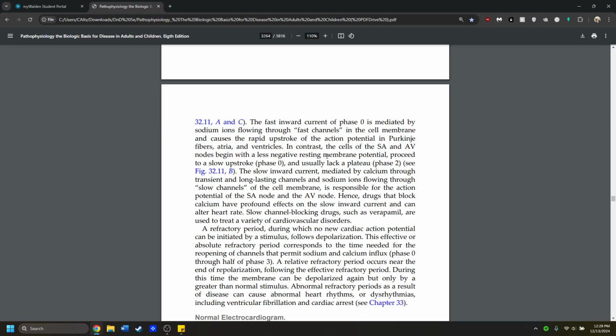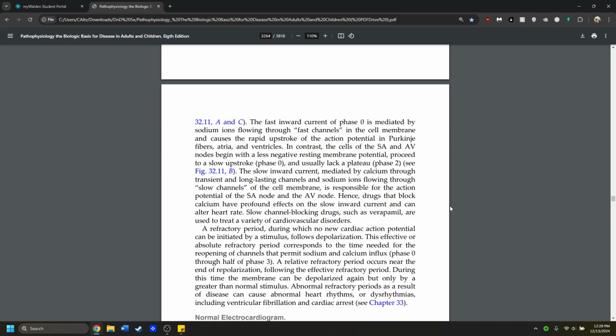In contrast, the cells of the SA and AV nodes begin with a less negative resting membrane potential, proceed to a slow upstroke in phase 0, and usually lack a plateau in phase 2.